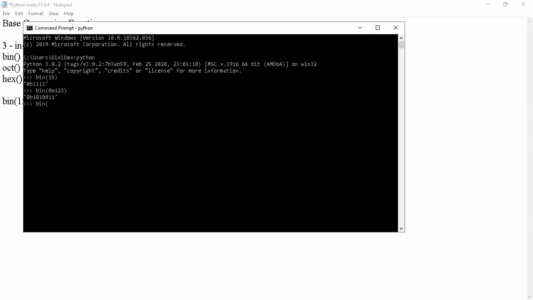Also hexadecimal: for this, the prefix is 0, capital X or small x, and the digits are 0 to 9 or A to F. This is the binary form, the hexadecimal to binary conversion.